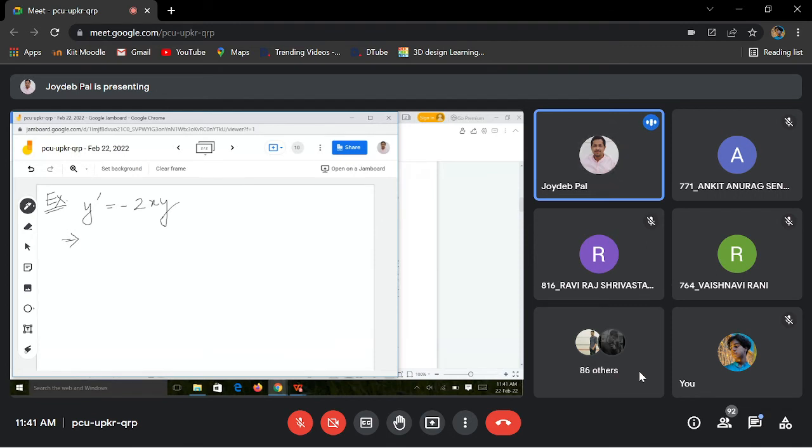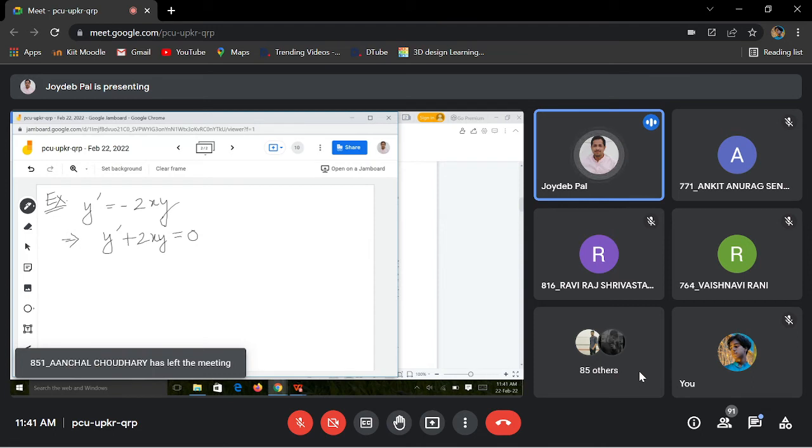Therefore, it is y dash plus 2xy is equal to 0. Look, you can solve this problem by separating the variables also. It is an easier problem, right? You can separate the variables. dy by dx is equal to minus 2xy, and then you separate the variables, integrate, you will get the solution. There is no difficulty to solve this problem.